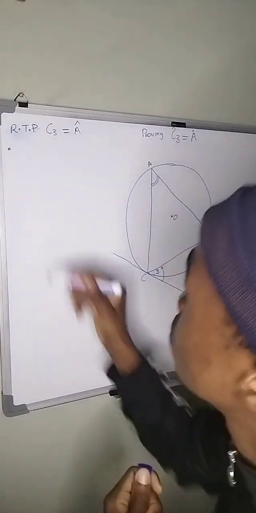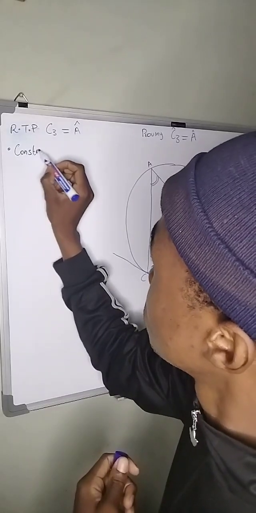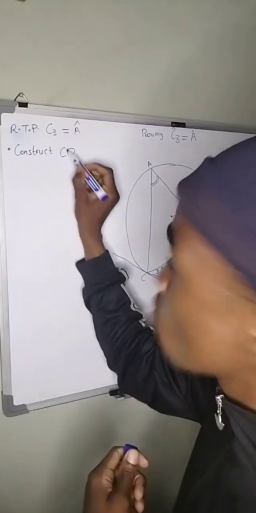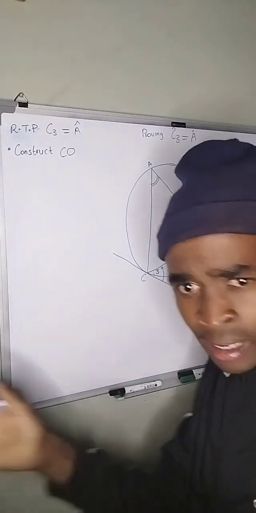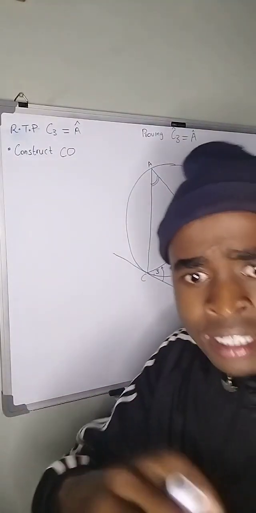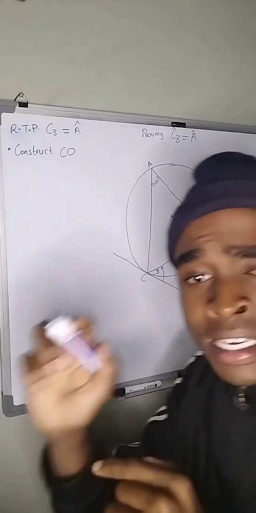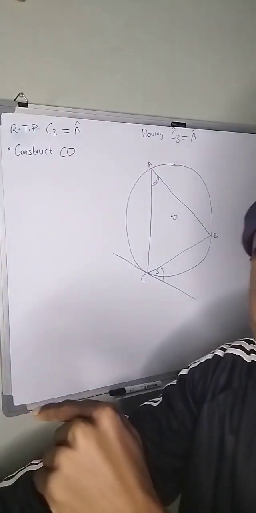So now we are going to write a construct. Don't say construct the diameter, ne? We are going to say construct CO to produce another letter.